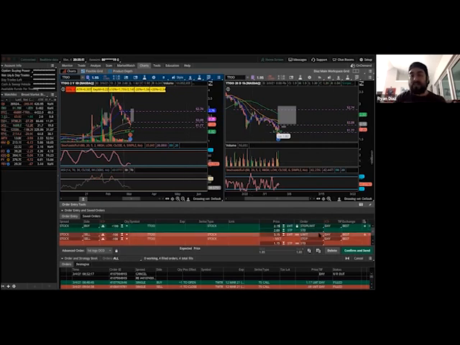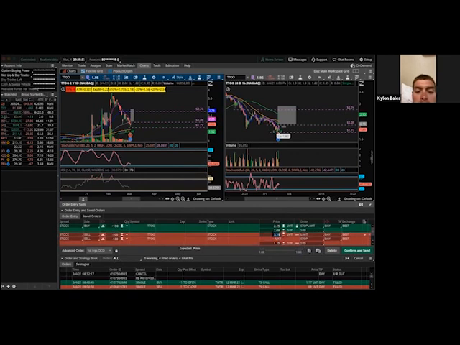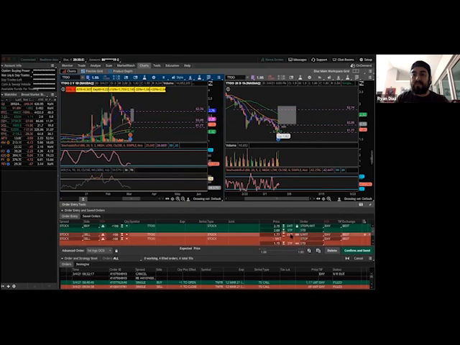Now the stop, we'll just change this to, let's see here. This is your protective stop. What did we say that was? 177. There we go. So this is your protective stop. Oh no, sorry.